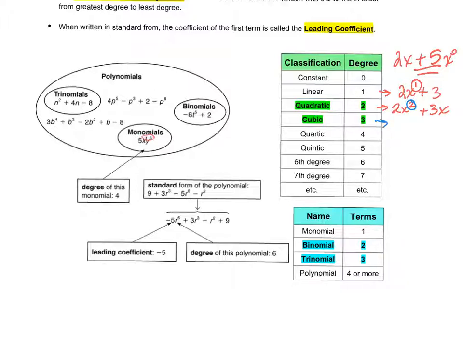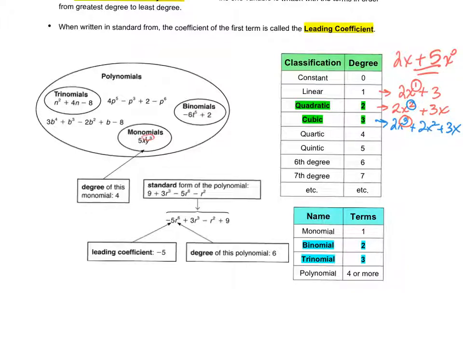Cubic is power of 3. So if I had a polynomial that looked like this, the degree of that trinomial, because there's 3 terms, 1, 2, 3, is cubic. It's a cubic. When you have an exponent of 4 as the degree, the highest degree of the polynomial, it's called a quartic. Power of 5 is quintic. And then everything else afterwards is just 6th degree, 7th degree, 8th degree, 9th degree, etc.